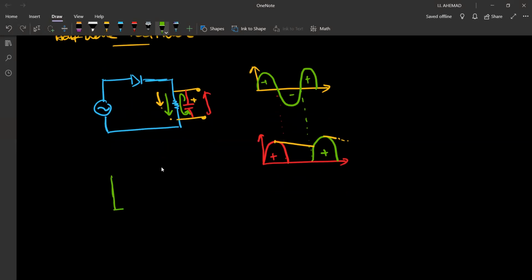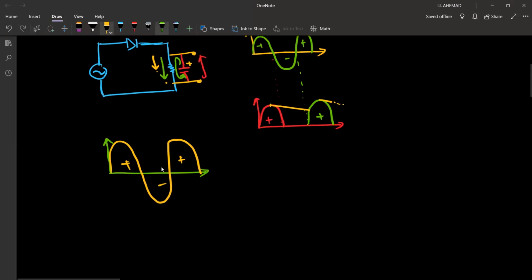When we apply an AC signal, I'm talking about the applied signal, it's varying from positive to negative side. And this maximum voltage is the maximum reverse voltage.